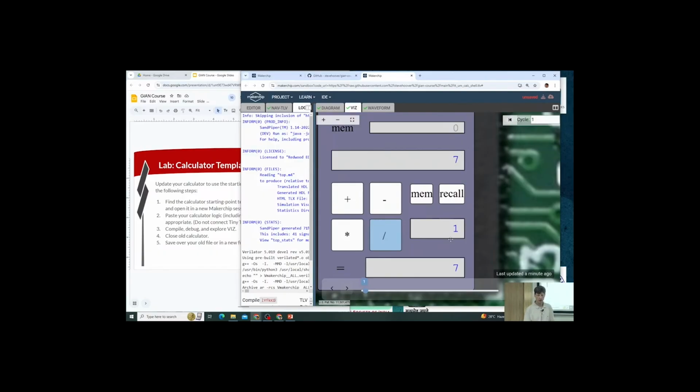So 7 divided by 1 is 7. We're, at this point, just getting random stimulus on the inputs. 1 times 3 is 3. Looks like my calculator is fine. 3 times 6 is 12. Well, that looks odd.